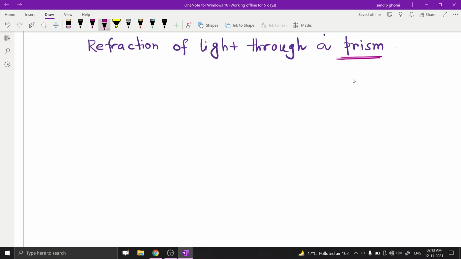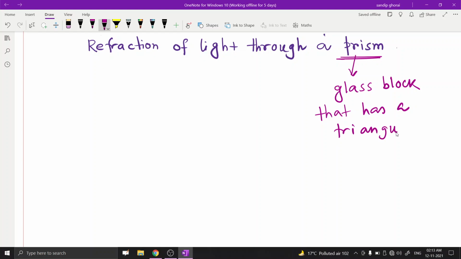Actually, a prism is a glass block that has a triangular cross section, formed by three rectangular faces.